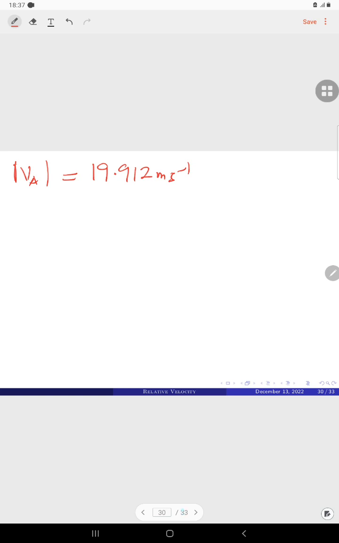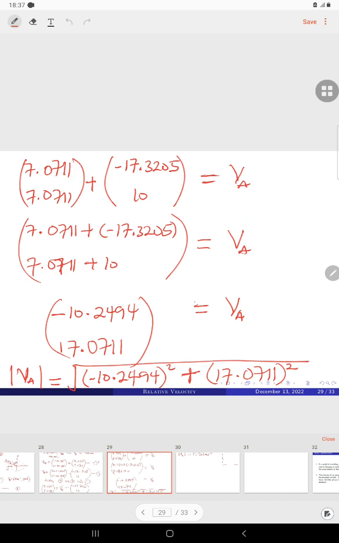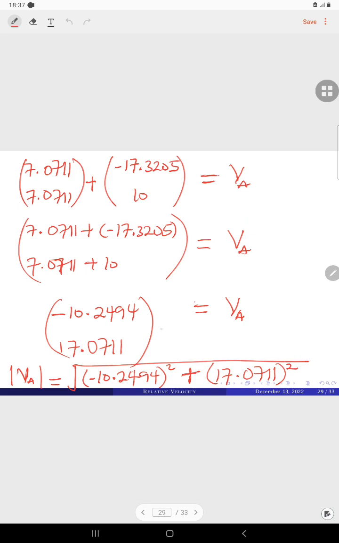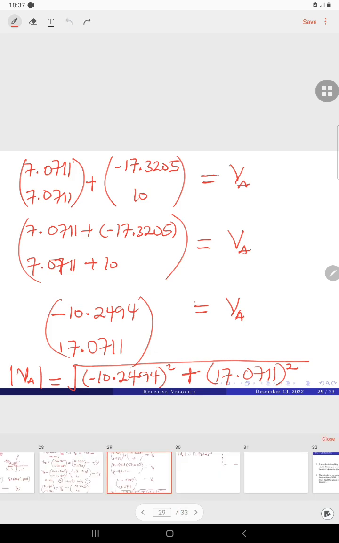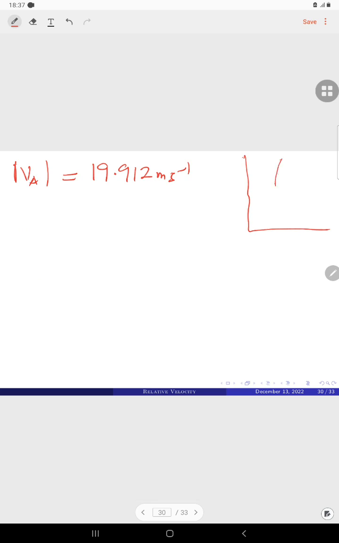How do we get the direction? We can get the direction from the column vector. There's a column vector, so we can get the direction from this by drawing. So let me transfer it somewhere here. Don't forget, V is this. So we are done with the magnitude.